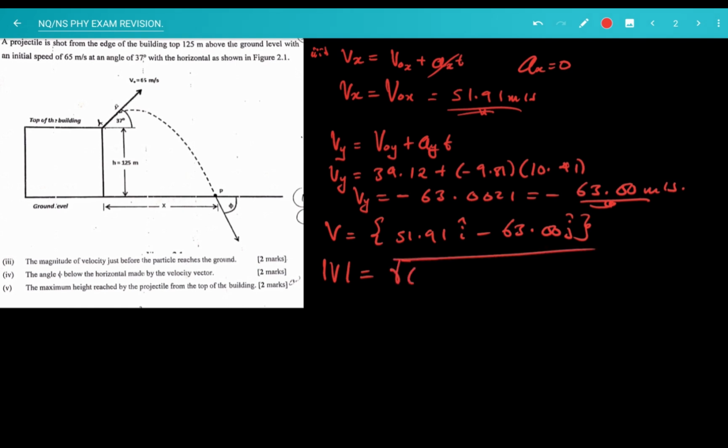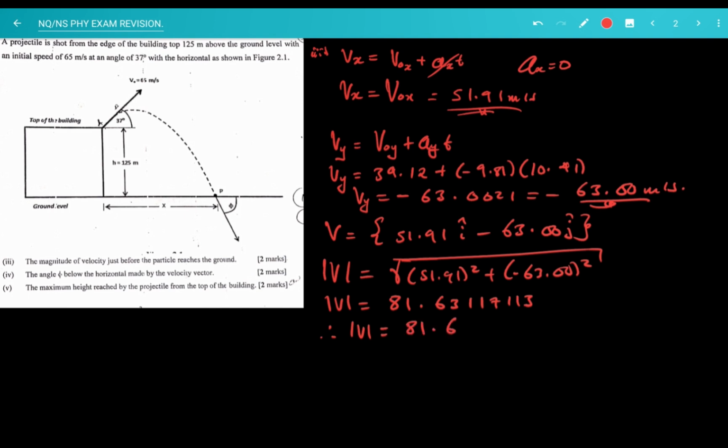So this will be 51.91 squared plus minus 63.00 squared, and the magnitude of this velocity will be equivalent to 81.631171113. Therefore, the magnitude of the velocity rounded off to 2 decimal places will be 81.63 meters per second. So this is the velocity of the particle just before it reaches the ground.